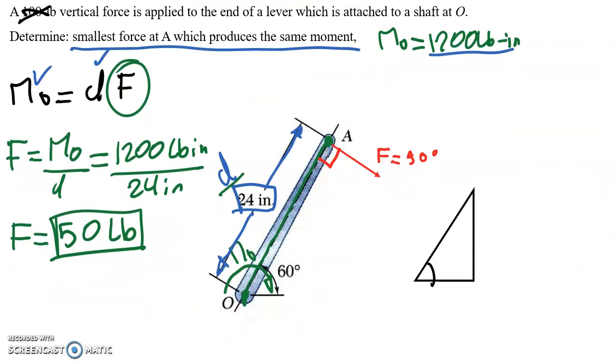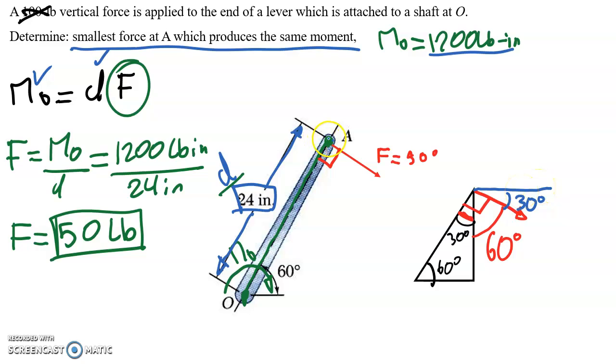So, if that's the case, this one right here must be 30 degrees. If we know the force has a 90 degrees angle about this line right here, well, if I know this is going to be 90 minus this section right here, that will give me that this angle must be 60 degrees, or this angle right here must be 30 degrees.